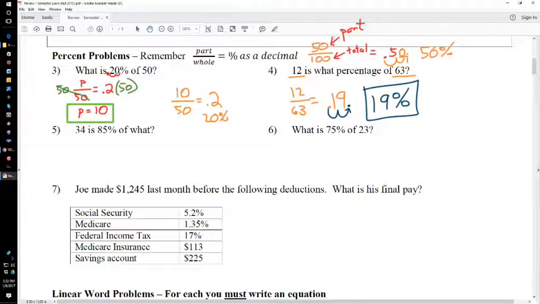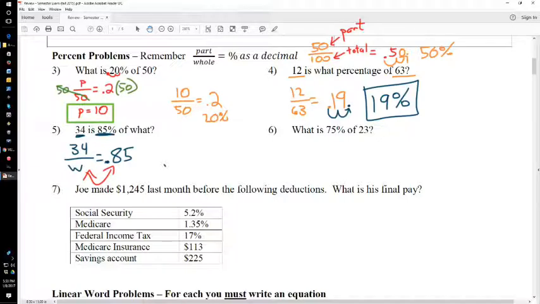Number 5, 34 is 85% of what? 34 is 85%, so 34 is my part. So 34 is the part divided by what whole equals 85%. Move the decimal twice, you get 0.85. This one's a little different, but basically all you have to do is switch those two.